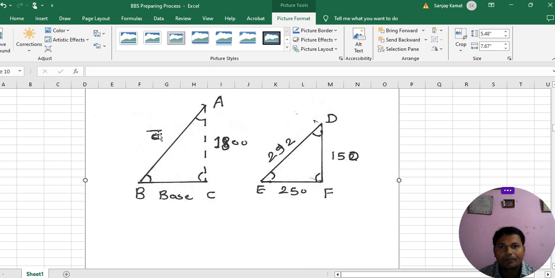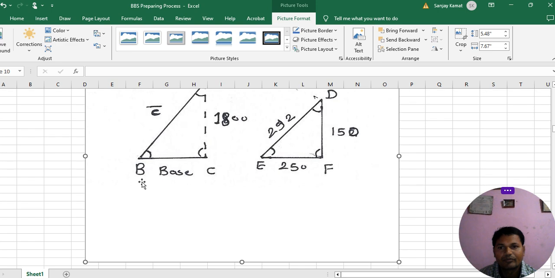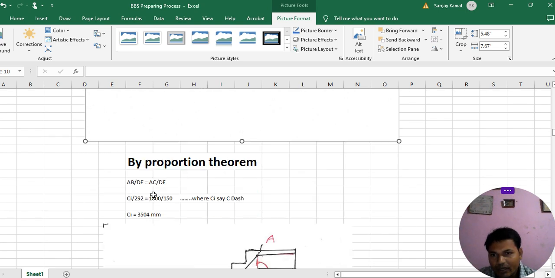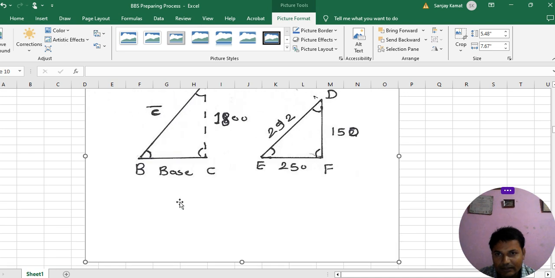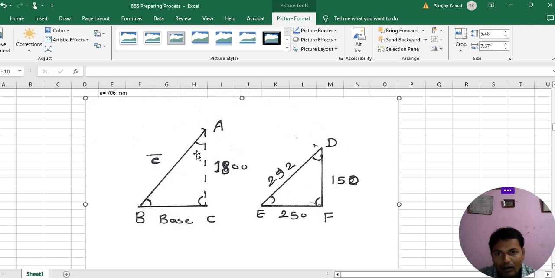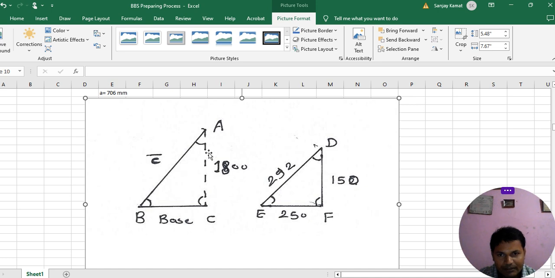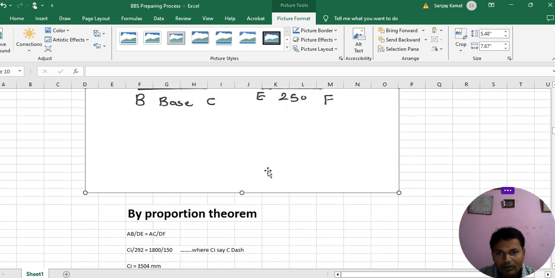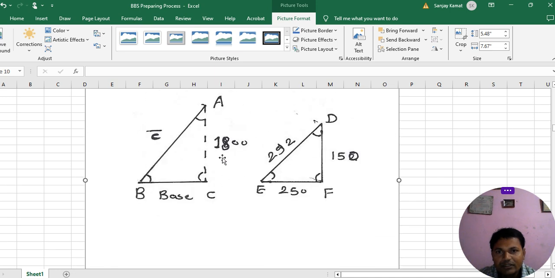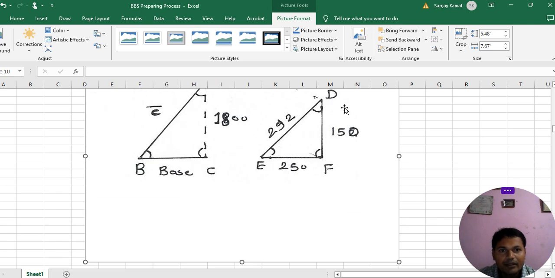Once we know these values, by the proportion theorem we can calculate AB. By proportion, comparing triangle ABC to triangle DEF, AB by DE is equal to AC by DF.